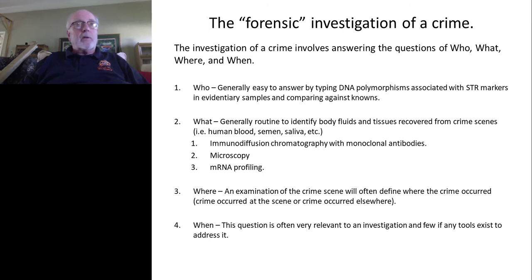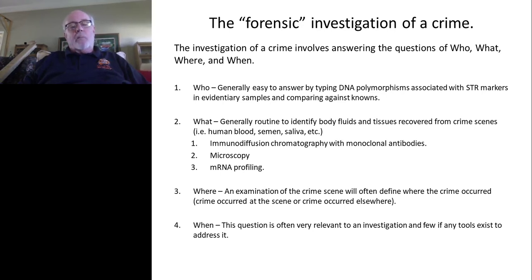The question of what, in the forensic scientist's world, usually involves identifying tissues or body fluid stains that are recovered as evidence from a crime scene.